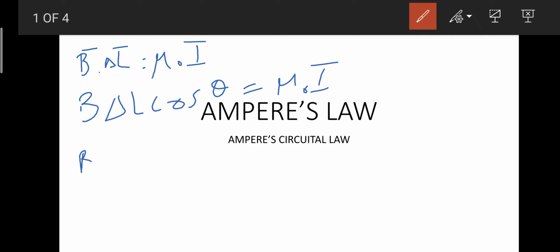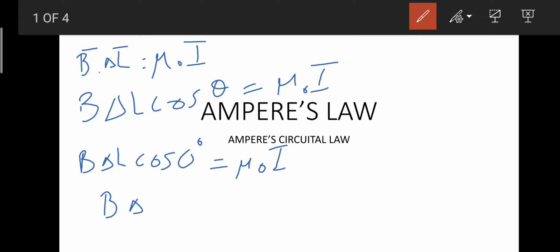So I can write B delta L cos 0 degrees is equal to mu naught I, and cos 0 degrees is equal to 1. So B delta L is equal to mu naught I, right?